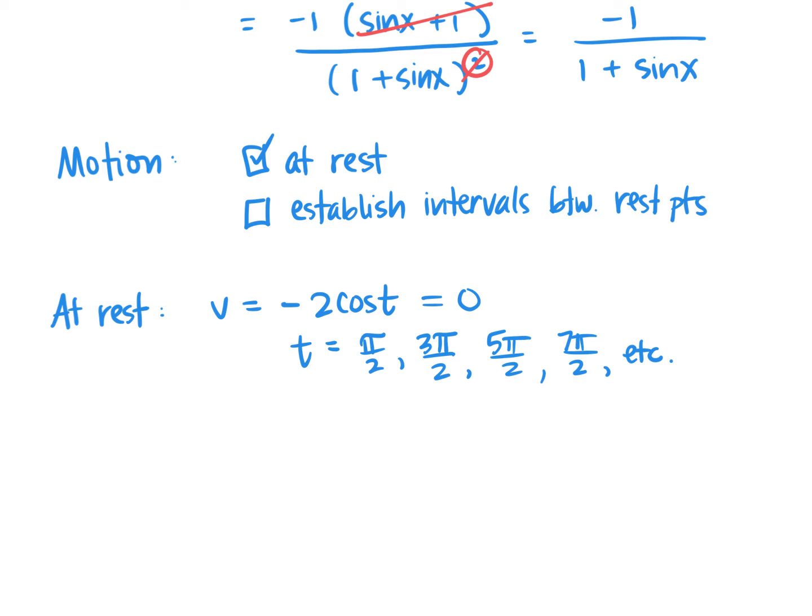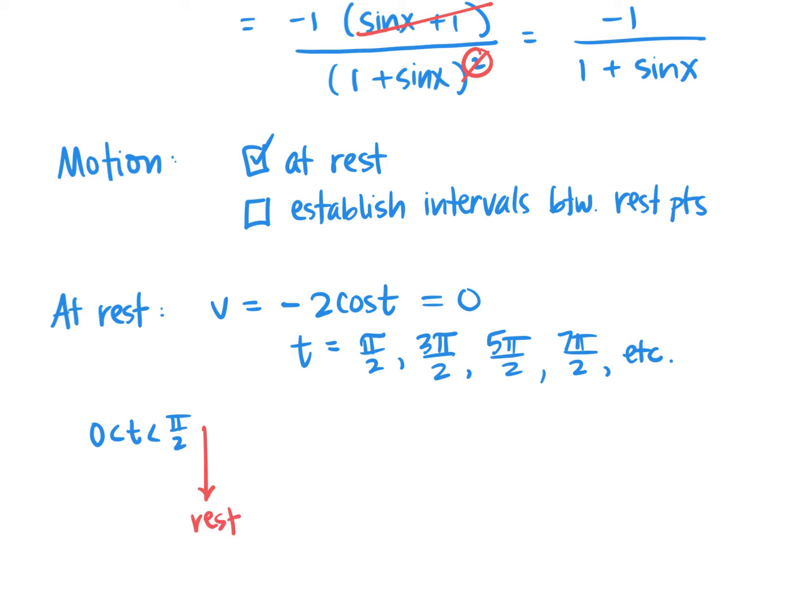Now I want to know what it is doing between each of those times at rest. So this is what I do when I'm setting up my intervals. Time is going to start at 0 in this problem. Time always starts at 0, so my intervals are the time between 0 and pi halves. It has to be doing something. And then it's going to be at rest.